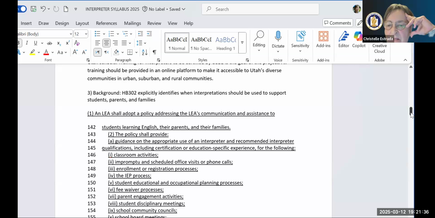The biggest thing is, if you have a translation service like Propio, if you have a contract with them, they offer multiple languages and total access. If you're interested in that, you can email me and I'll connect you to a range of districts who use it.